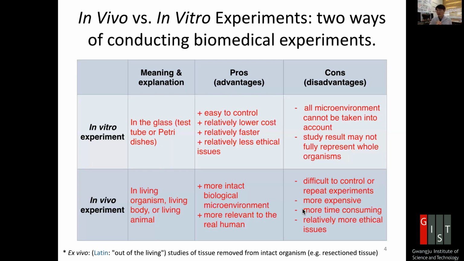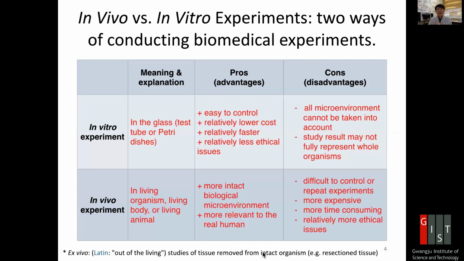And on the other hand, there is the term ex vivo, which means out of the living body. When we study tissue which is directly removed from an intact organism, we call this type of experiment an ex vivo experiment.